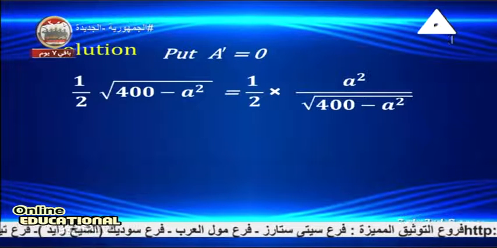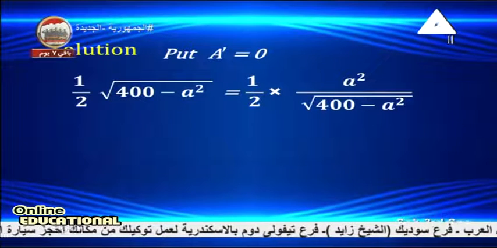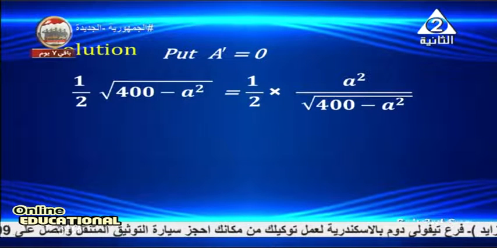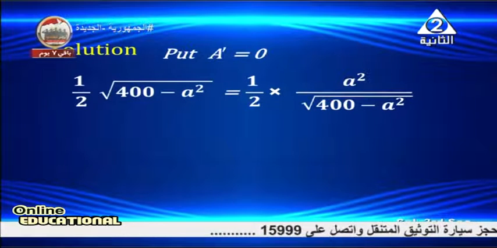The first derivative equals 0, then half multiplied by the square root of 400 minus a to the power 2 equals half multiplied by a to the power 2 over the square root of 400 minus a to the power 2.